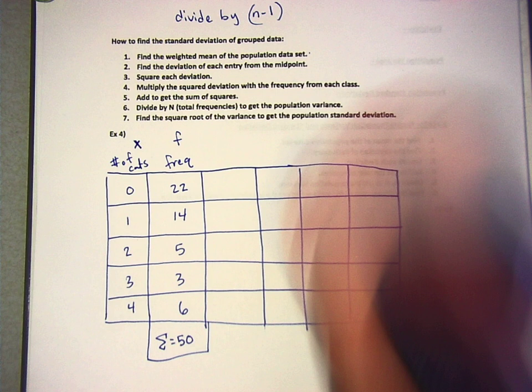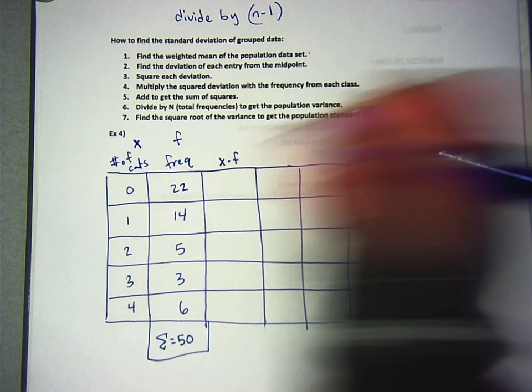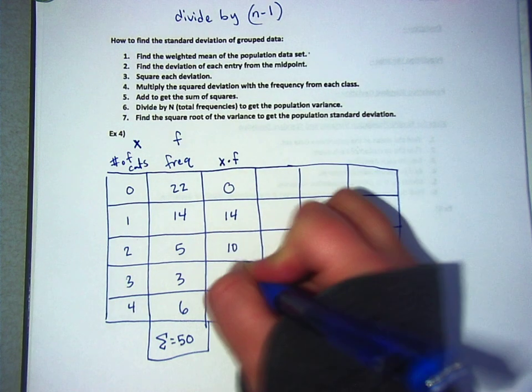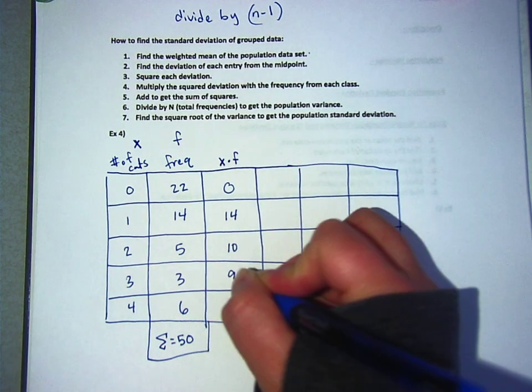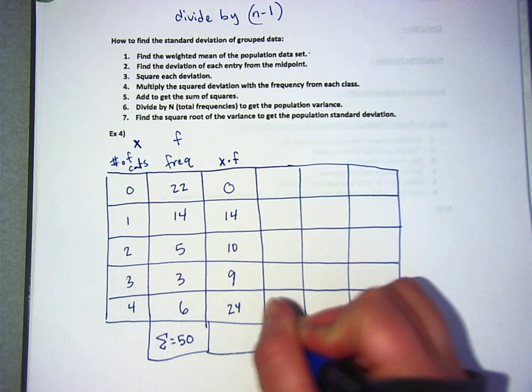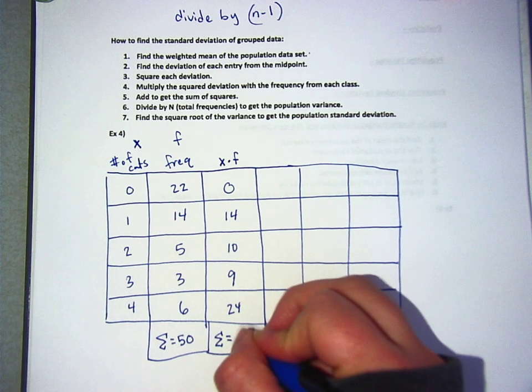So first thing we're going to do is find a weighted mean, which is exactly what we did before. I'll just write these down quick for us, which means we multiplied x times f to find our weighted mean. If you add them up, you get 57.